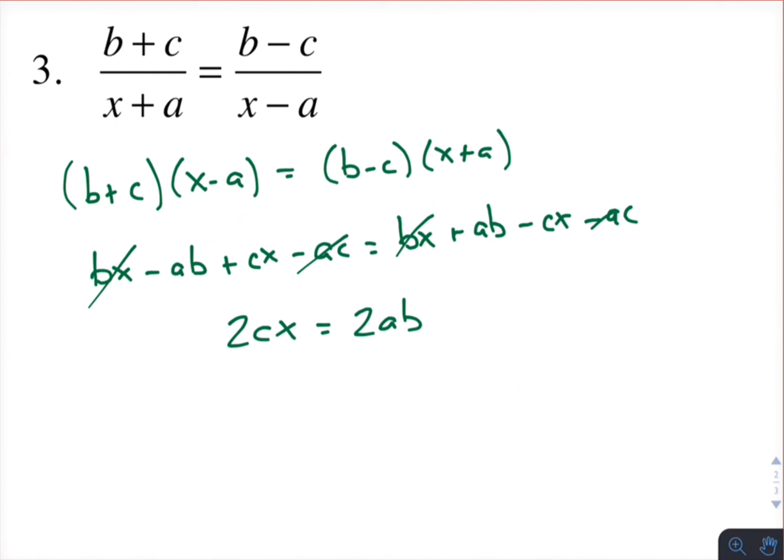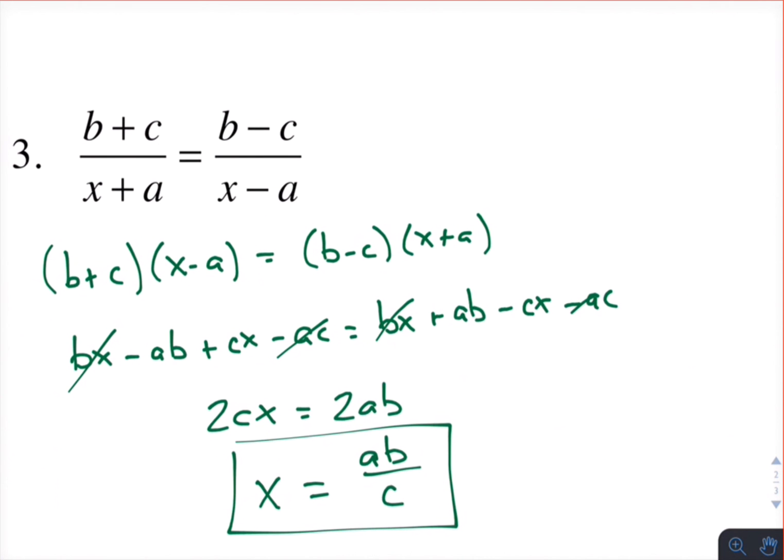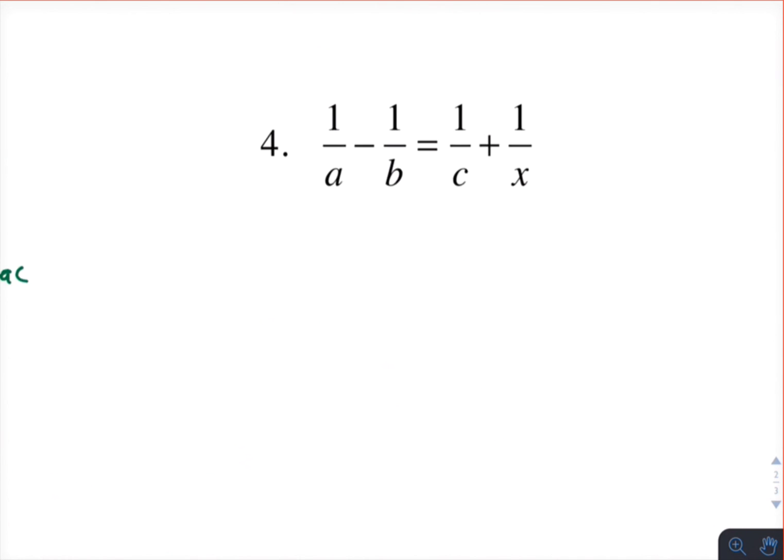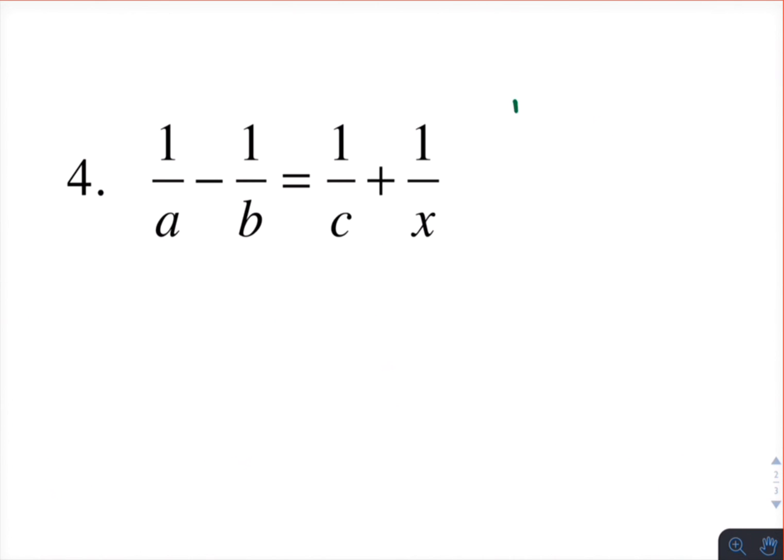The 2's cancel, and divide everything by 2c, and end up with x equals ab over c. And what we want to be careful, remember, domain is x cannot equal plus or minus a. So our answer checks out. We're good to go.